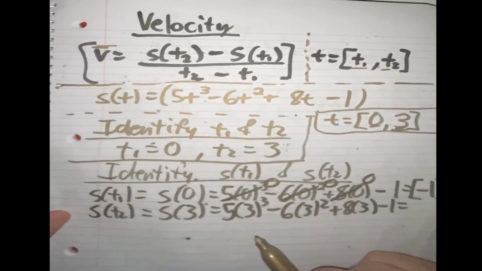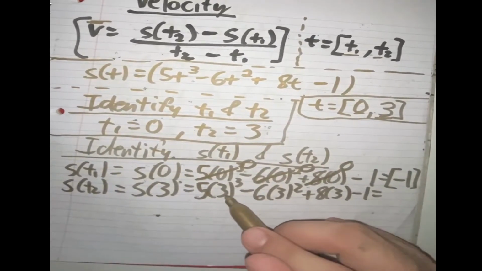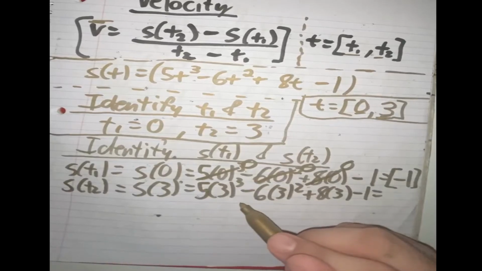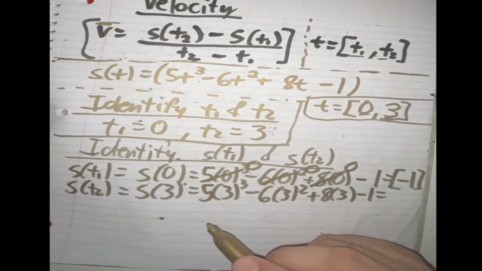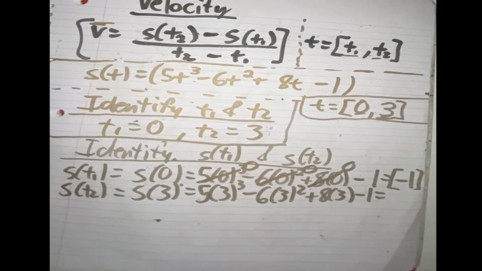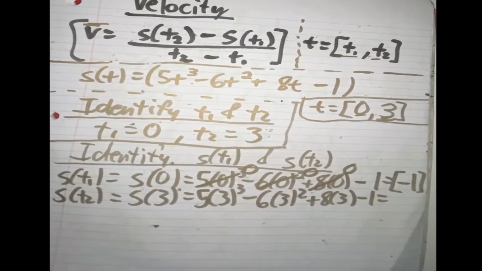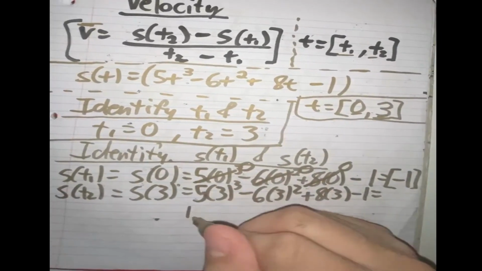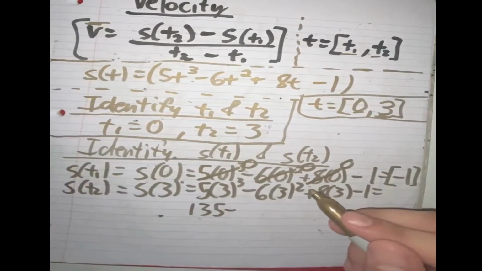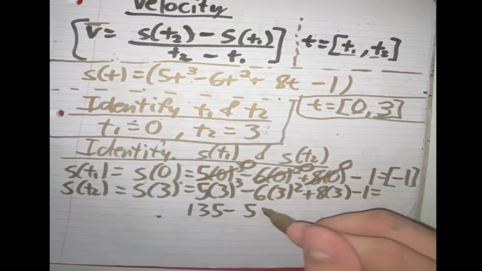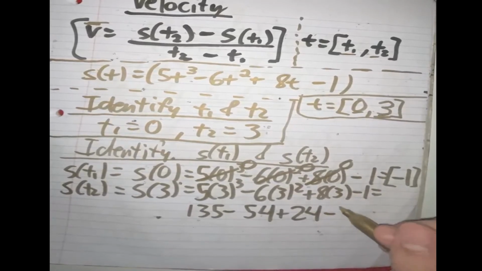And for our s of t2, we apply arithmetic. 3 raised to the third power is 27, times 5, would be equal to, let's see real quick, 135. 3 raised to the second power is 9, times 6 is equal to 54, plus 8 times 3, 24, minus 1.